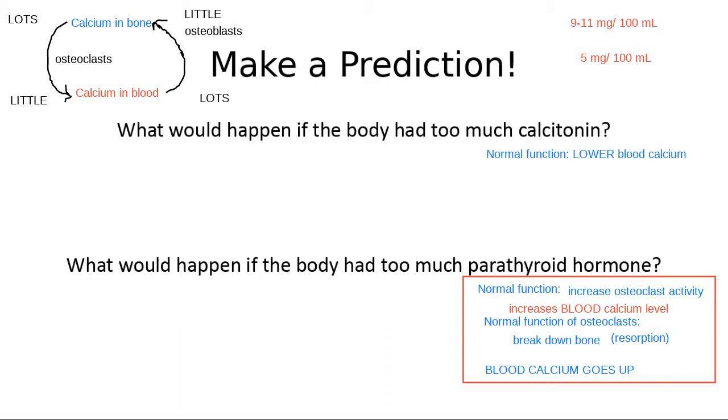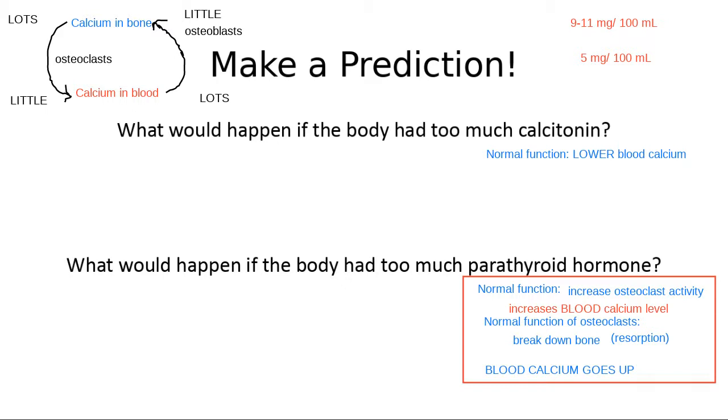That's its normal function. Now, the way calcitonin does that is a little bit funky. Calcitonin still talks to osteoclast cells. So when we're talking about who can hear the message calcitonin, it is still osteoclasts that hear it.